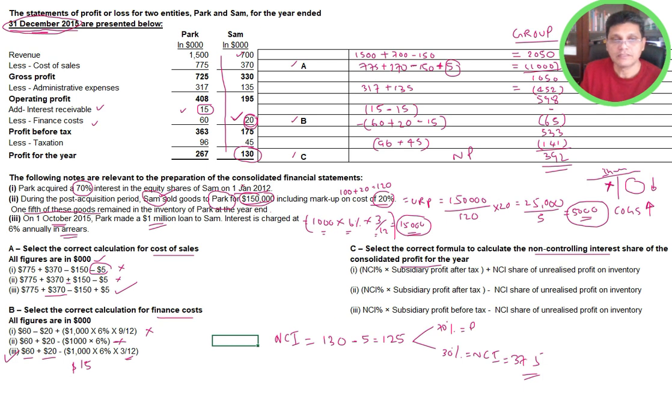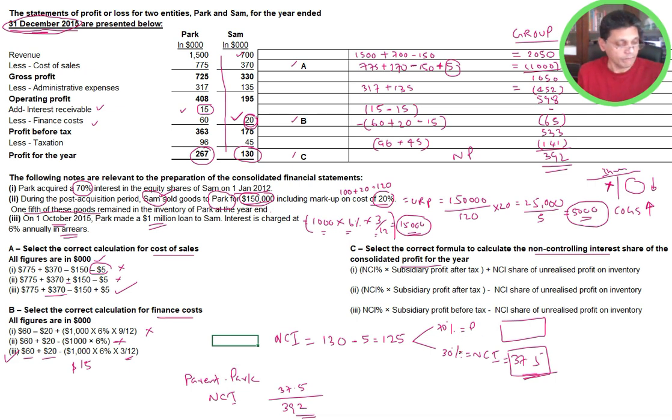Now when you take this 392, we can take the breakdown as Park and non-controlling interest. This total should be 392. Now we have calculated 37.5 as non-controlling interest. Then the parent or the Park should be 267 plus their portion of post-acquisition profit of the subsidiary. So this one is how much?